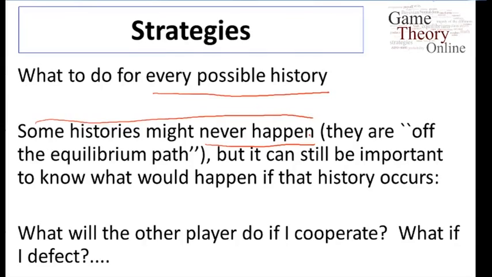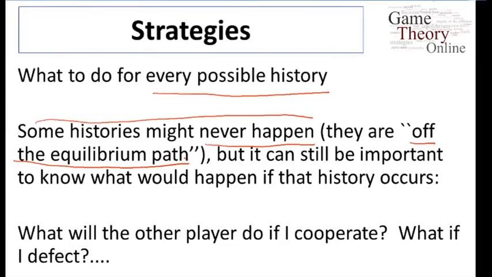So in understanding repeated games, one thing that's going to be very important for players to do is have predictions of what will happen if you choose an alternative strategy. So one might be an equilibrium, but in order to figure out if it is an equilibrium, you have to do the counterfactual of what would have happened had I changed my action. And that might have led to a very different set of reactions by other players. So histories that are off the equilibrium path, is the usual terminology, are still going to be very important in knowing what will the other player do if I do this, if I do that, and so forth.